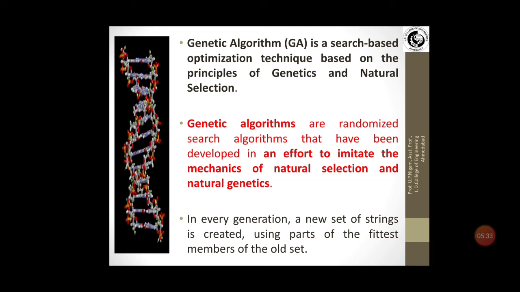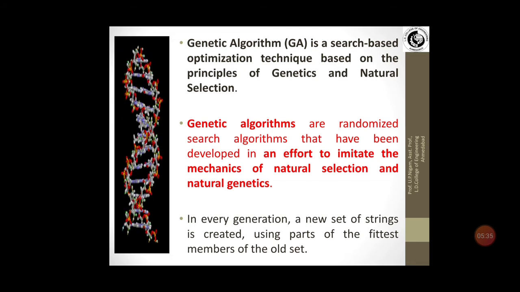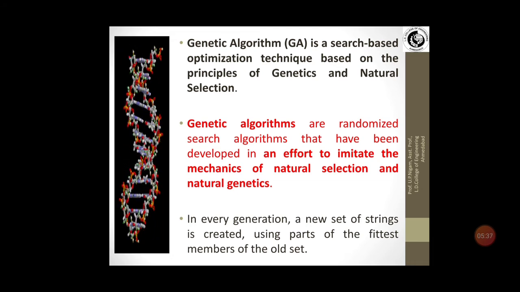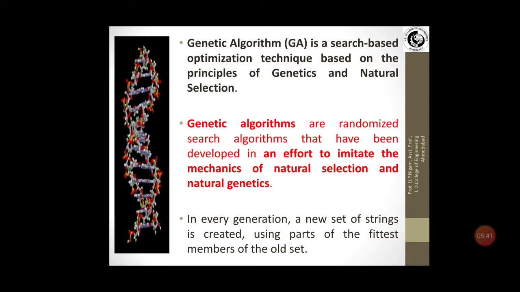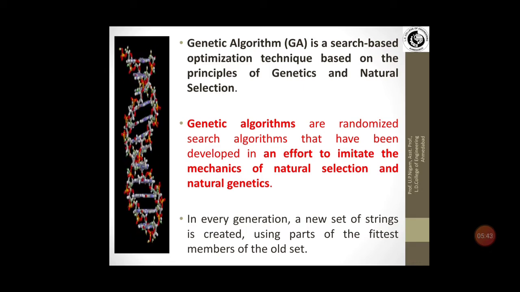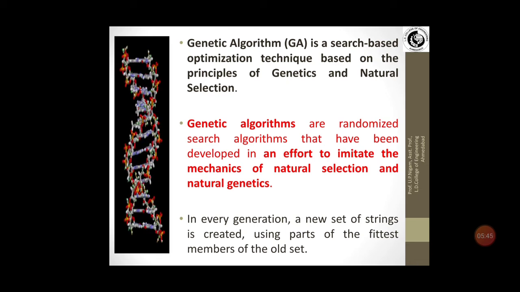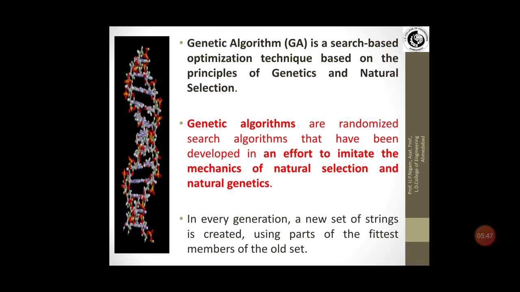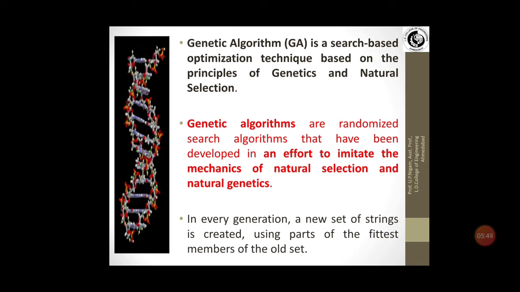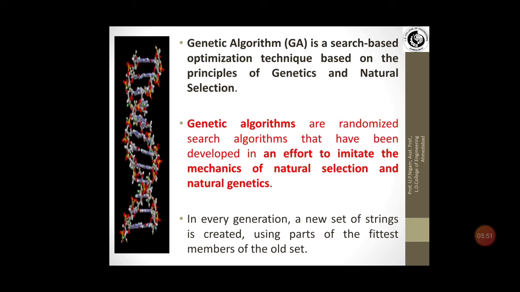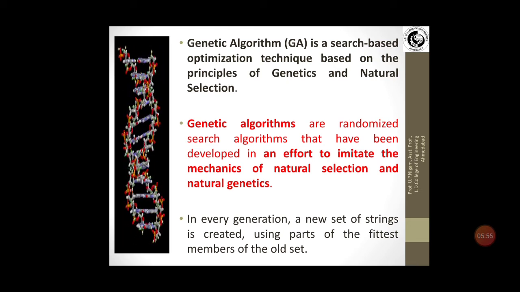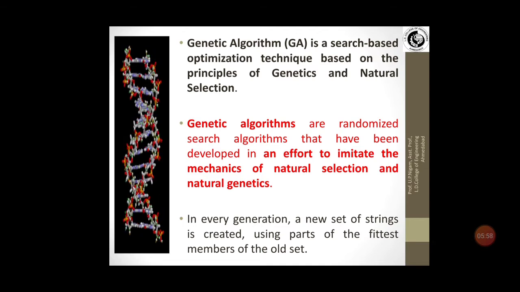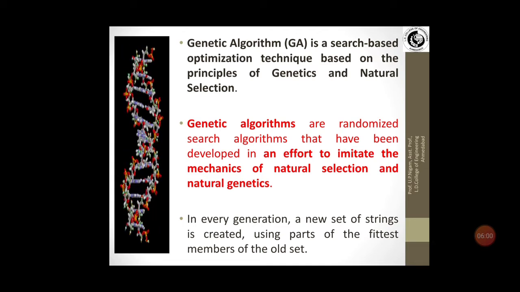As we know, generations are carried out. After the first generation, the second generation will come. After the second generation, the third generation will come. And after the third generation, the fourth generation will evolve. The next generation will have better and stronger characteristics than the previous generation. So in each generation, better properties are seen.